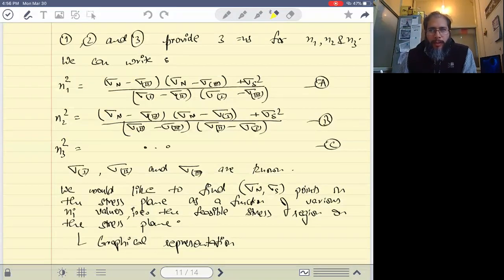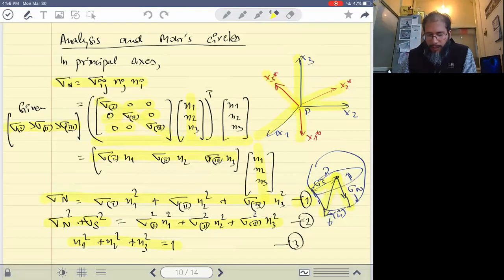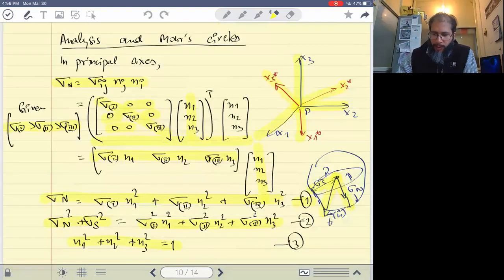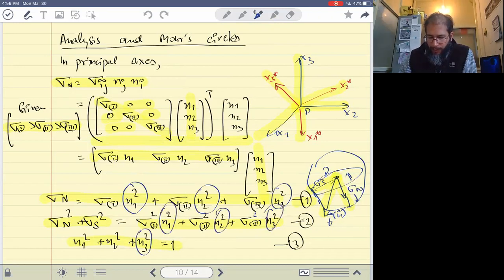Okay, so what we can do is we can rearrange our 1, 2, and 3 equations, which are the equations that we had written for sigma n, sigma s, and n. If I rearrange them, I can actually write my n1 squared, n2 squared, and n3 squared in terms of the other variables. So going back, it's quite easy because you have n1 squared, n2 squared, n3 squared in each of the equations.